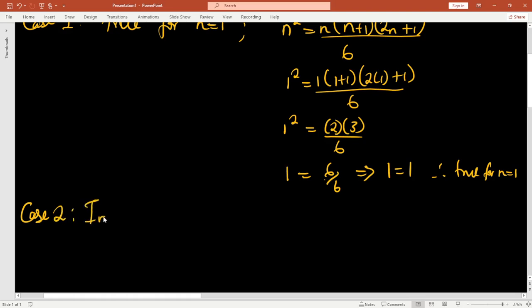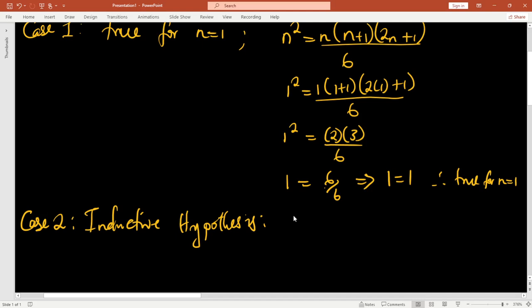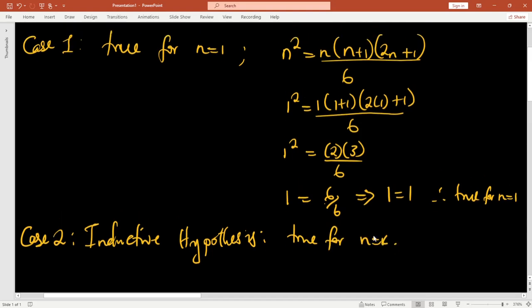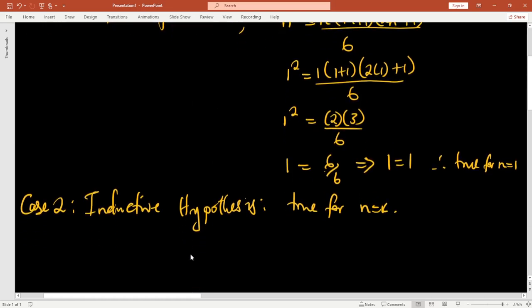So here, we have the inductive hypothesis. Under the inductive hypothesis, we make an assumption that the statement that we have is true for n equals to k. So meaning that there, we just copy the expression the way it is, then where there's n, we substitute with k there.